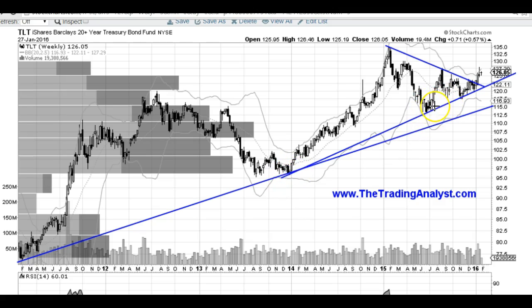We got a touch here in about June and July of 2015. Another touch November, December, January of 2016 this year. Okay. Now we've got that uptrend line, and then we broke over this downtrend line.